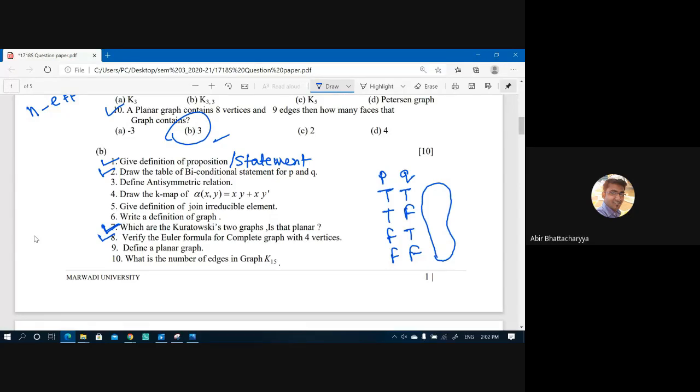You have to write what is N, what is E, and what is F in this particular question. You have to mention the value of N, E, and F. Then verify.